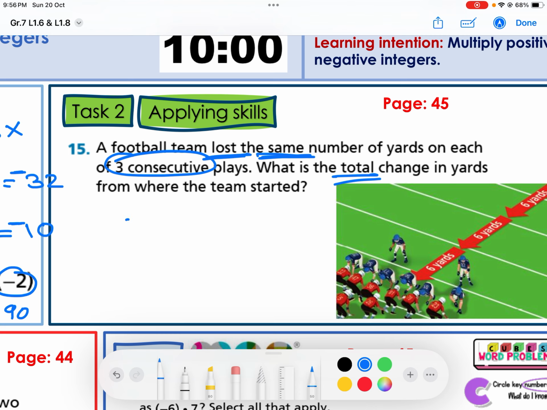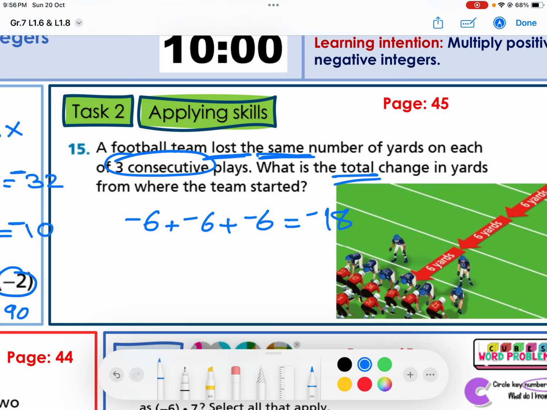So that means negative 6 plus negative 6 plus negative 6. You can use addition for that. They're all the same sign, so I'm going to add 6 plus 6 plus 6, that's 18, and the sign will be negative. Most of you can solve it like that using repeated addition.